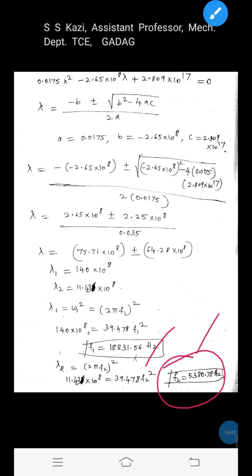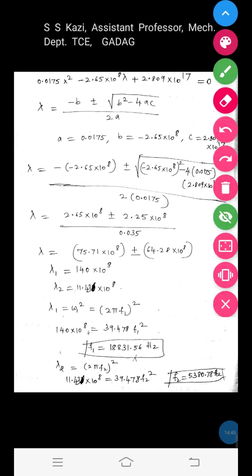Okay, now this is how we can determine the natural frequency of the vibration, as well as eigenvalues for the simple bar shown, and the natural frequency of the vibration for the bar shown, we can evaluate.